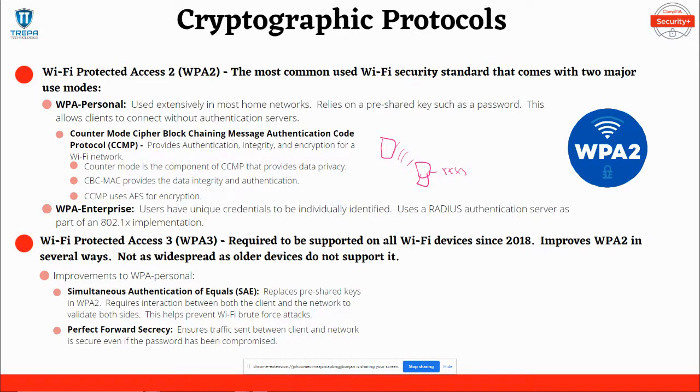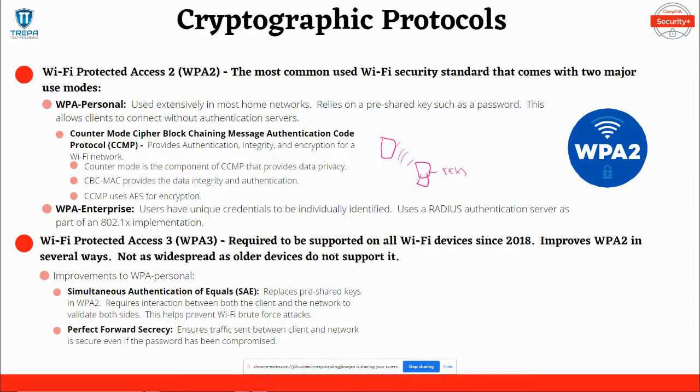WPA2 Enterprise will use credentials to access and authenticate on the wireless network. WPA2 Enterprise deployments can be integrated into our Active Directory domains or use RADIUS or 802.1x for credential-based authentication. The term is enterprise because this is what you're going to use in an enterprise environment.